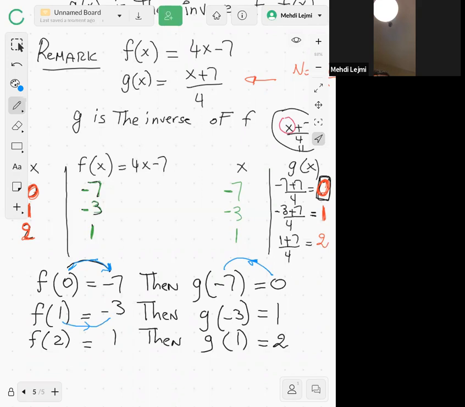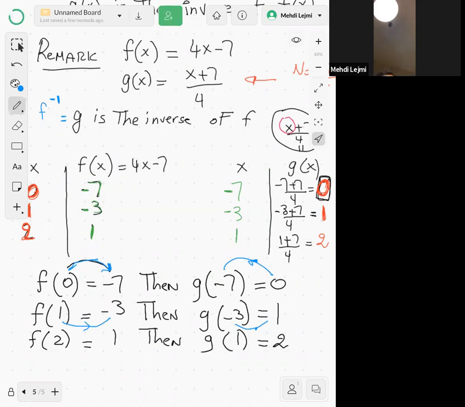Then if you find the inverse, which is g, g of negative 3 would be positive 1. So as I said, this g is the inverse of f, and of course we can denote this g by f with the power negative 1, because it's the inverse of f. That's the notation for the inverse.